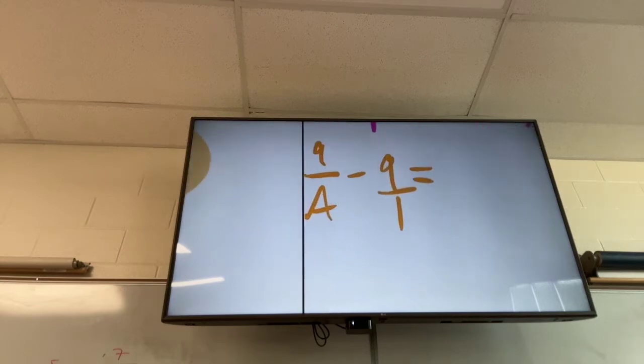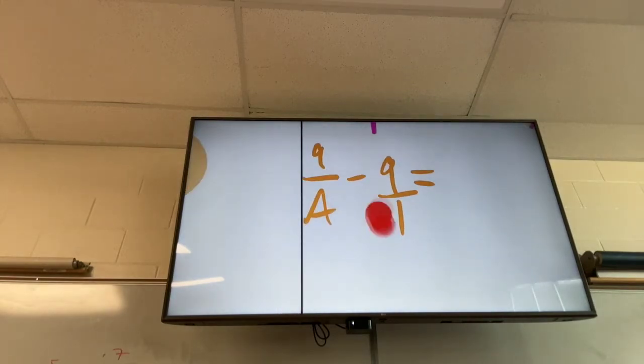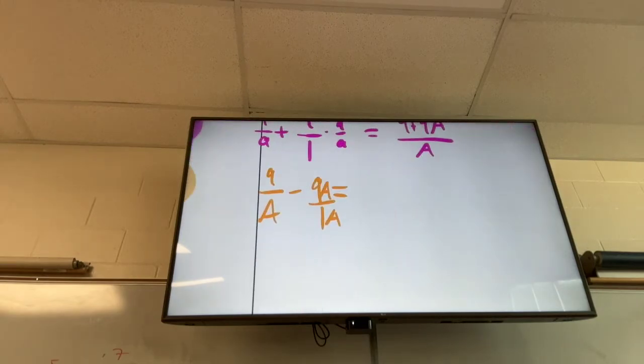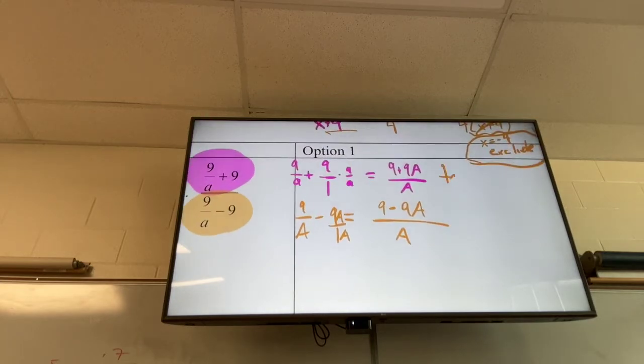How do I make the denominators equal? They have to have the same denominator. I look at this one. What is it missing that this one has? A. So I multiply the top and bottom by A. So then we have 9 minus 9A all over A. So there's my top. There's my bottom.